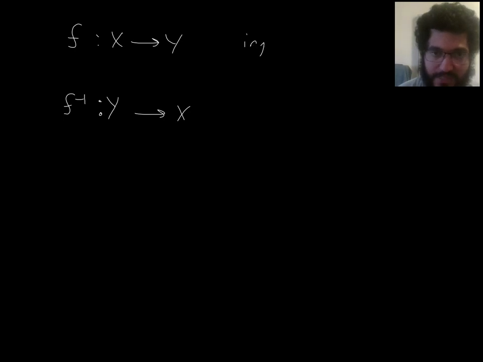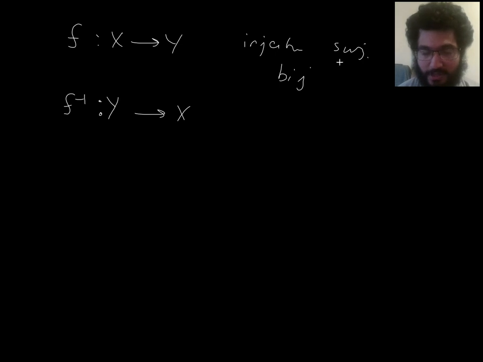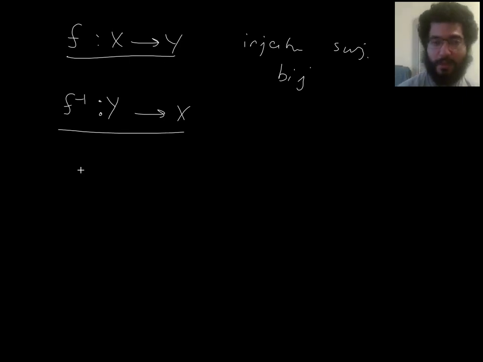So if f is injective, then reversing gives you a function. If it's also surjective, then the range of f is y, and that's what ends up going here. So if you have a bijection, something that's both an injection and a surjection, then you have this very nice situation where if it maps one way, then the reverse, also known as the inverse, maps the other way.